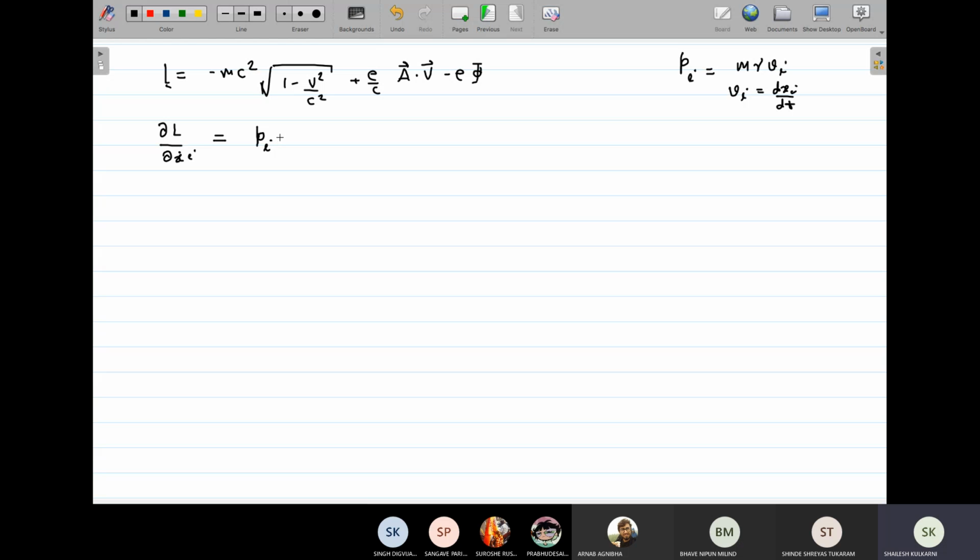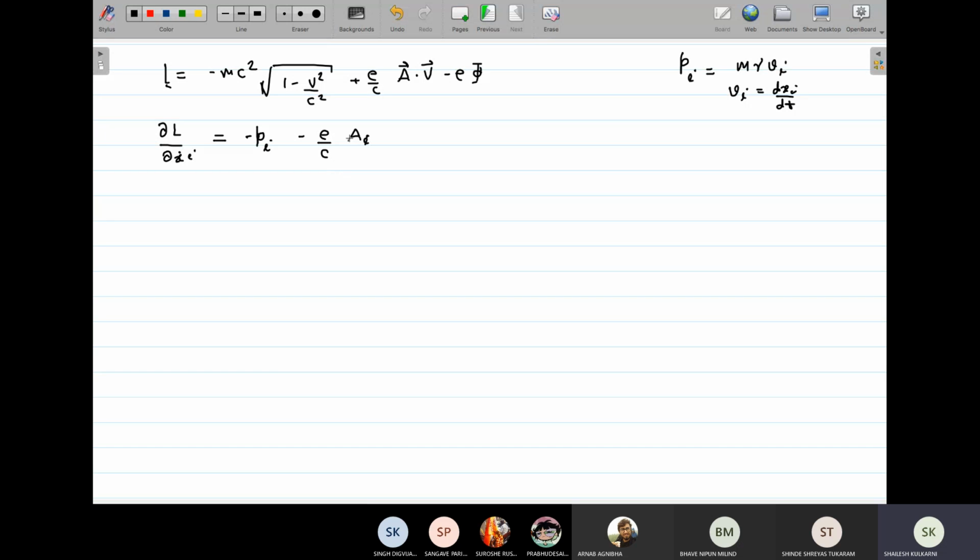In fact, I will get a minus p_i. And when I operate ∂/∂ẋ^i on the second term, it gives 0, and the other term gives minus e/c A_i.